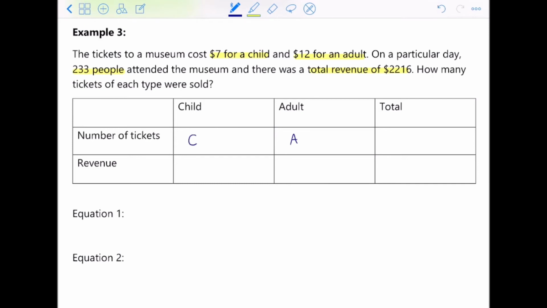But we know that there were a total of 233 people on that particular day. So total is 233. Revenue can be calculated by multiplying 7, because we know it's $7 per child and $12 per adult. And the total revenue was $2216.